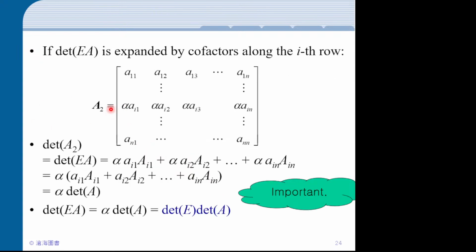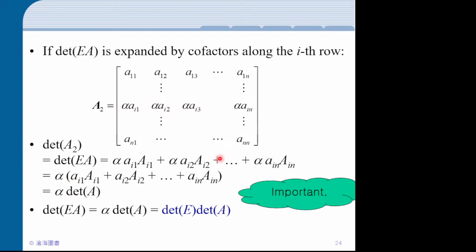And then you think about the determinant of A acted on by this elementary operation. The matrix after you do the elementary operation is just like this. So it's the same matrix with one row multiplied by alpha. Then you just do cofactor expansion on the ith row, and you see that every term just gets multiplied by alpha.